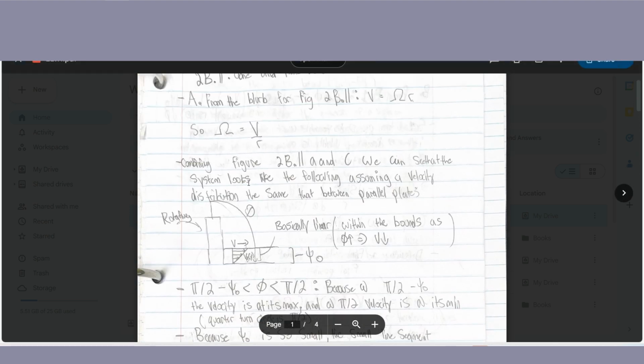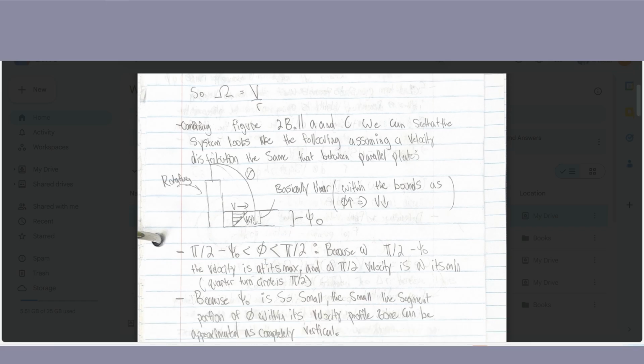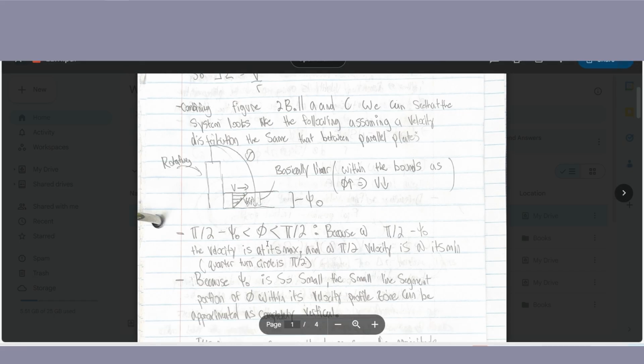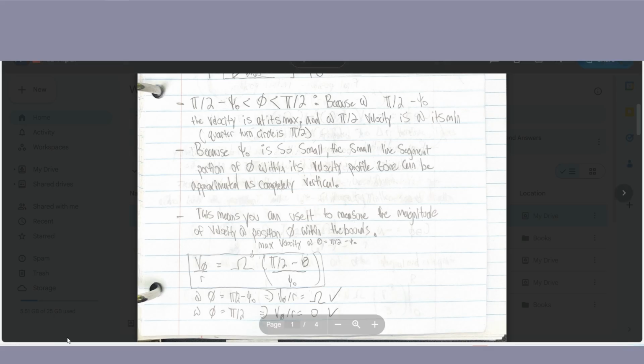So this velocity direction is actually going around with the circle because the circle is rotating. So the velocities are in the direction of the rotation. So the velocities aren't actually outwards. So it is v phi, it's not v theta. So this is theta, this is theta, but this is phi.